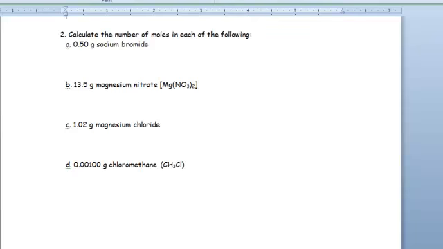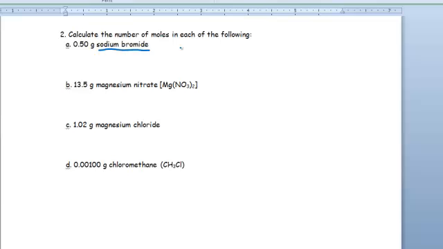All right, now let's shift gears. And this time, I think you can see that we're being supplied with the mass of each of these compounds, and our mission is to convert the number of grams to the number of moles. So we're just going to go the opposite way. We still need to figure out the molar mass for each of these compounds.